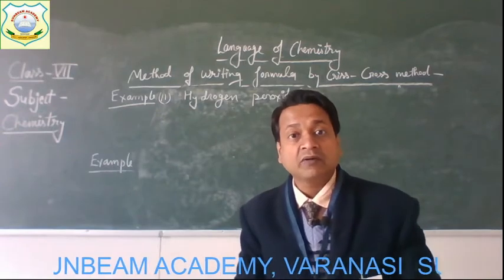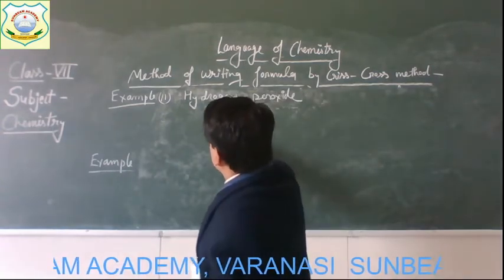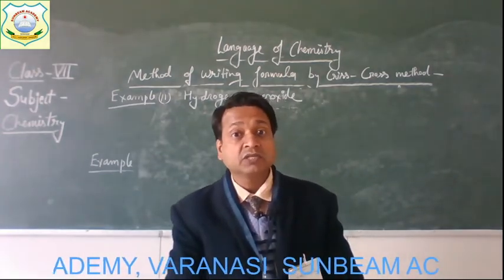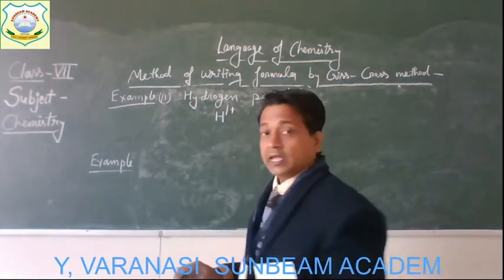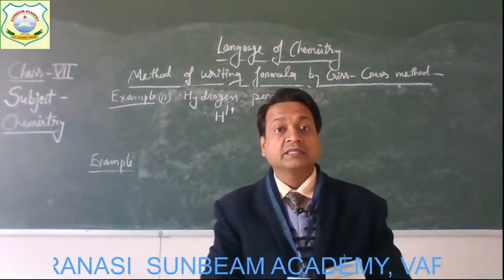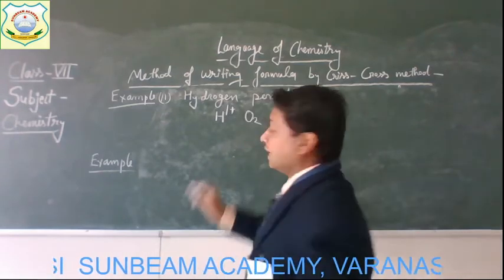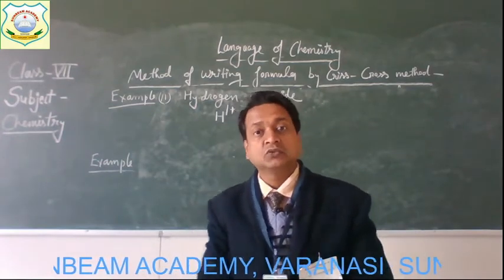And the symbol of hydrogen is H, and the valency at the top. So the valency of hydrogen is +1. Now just like that, the symbol of peroxide is O2, and its valency is -2.